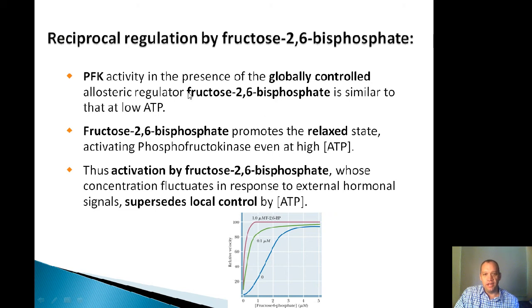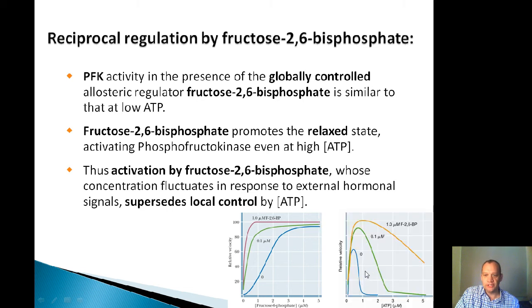When we have fructose 2,6-bisphosphate present at various concentrations, the pink line indicates a higher concentration than the green line. We see that because this enzyme is turned into a more relaxed state, even if ATP is present, we will see an increase in the activity of that enzyme.